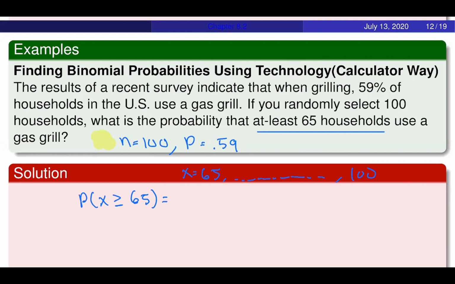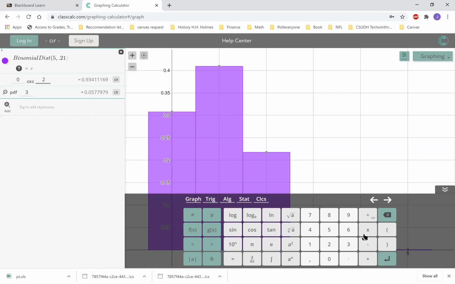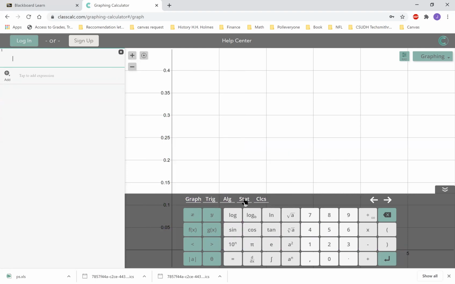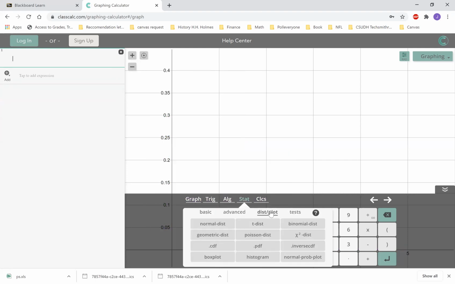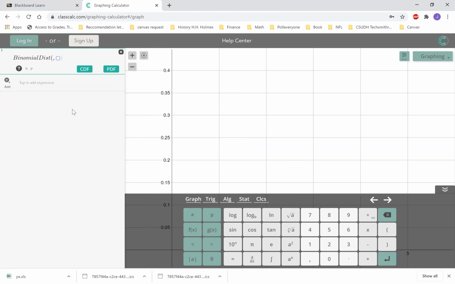All right, so let's go ahead and do this problem. Let's go to stats, then distribution, then binomial distribution. We'll say n is 100, and p is 0.59.